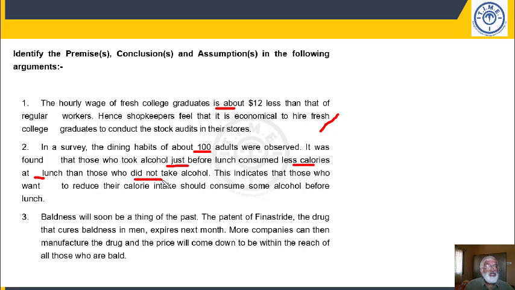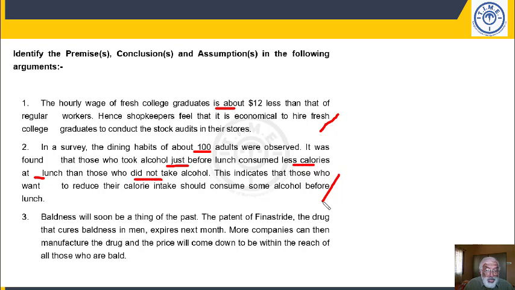In other words, this person is assuming, so the assumption here is that it is only the consumption of alcohol that causes people to reduce their calorie intake. Isn't it? That's the assumption. So I know what my premises are, and then I know what the conclusion is. This is my conclusion again. But the assumption therefore is that it is only the use of alcohol that causes people to reduce calorie intake.